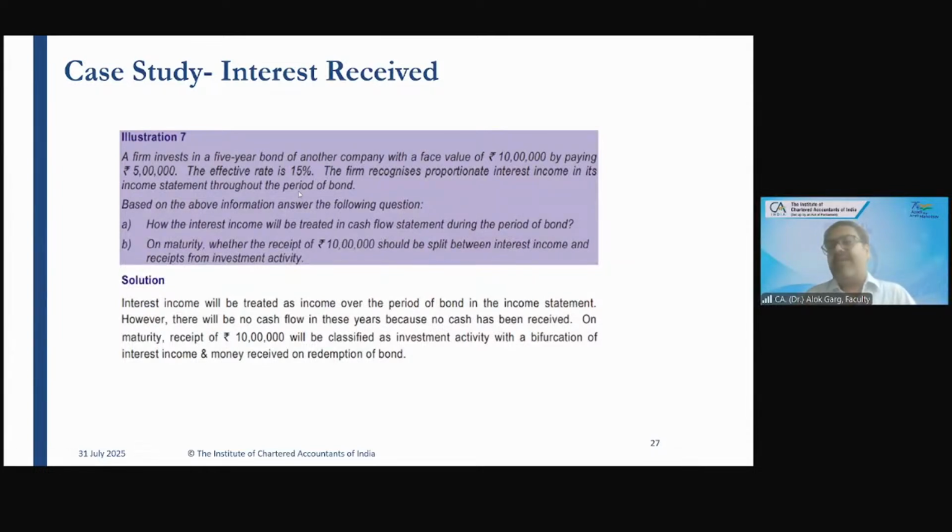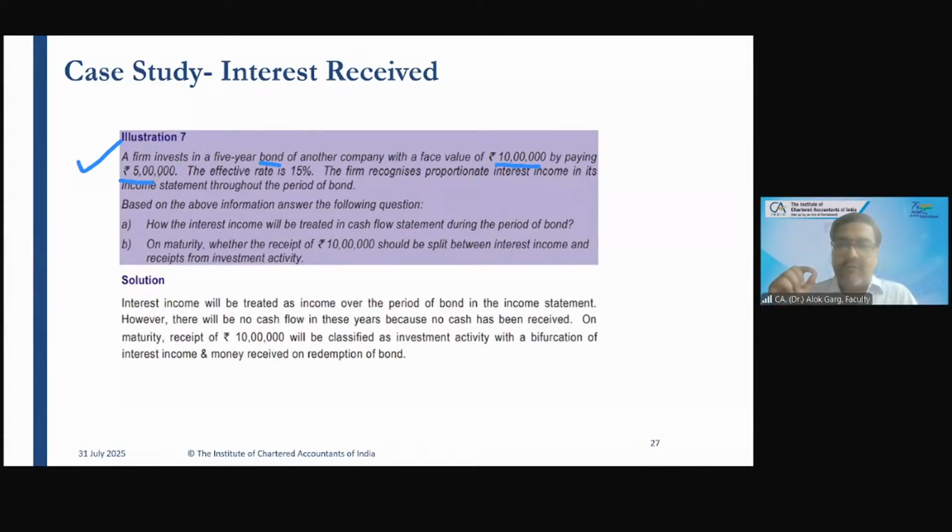Let's discuss one example from the Institute study material. A firm invests in a 5-year bond of another company with a face value of 10 lakh rupees by paying 5 lakh rupees. It means this bond is issued at a discount, right?